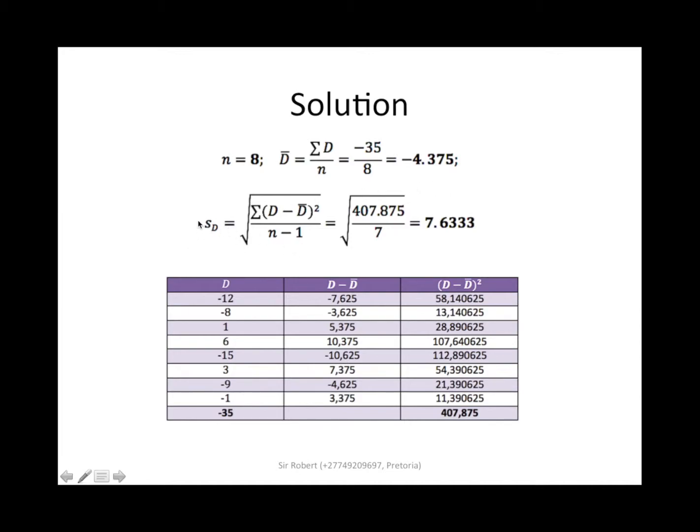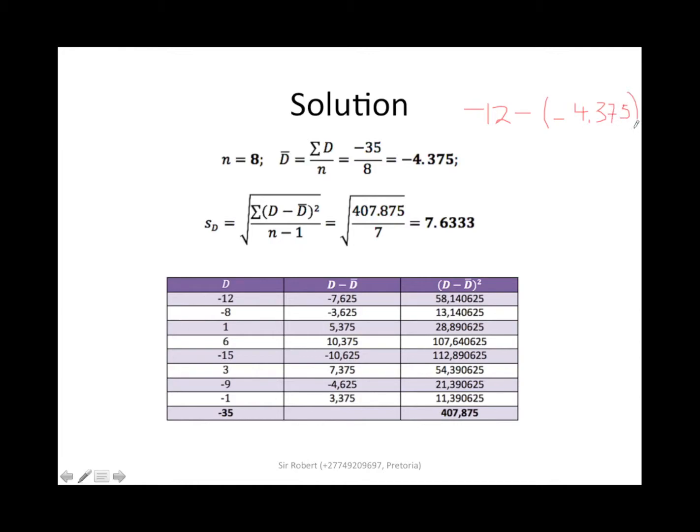So for you to get the standard deviation of the difference, you say the difference minus the mean. The mean is this one. So minus 12 minus minus 4.375.